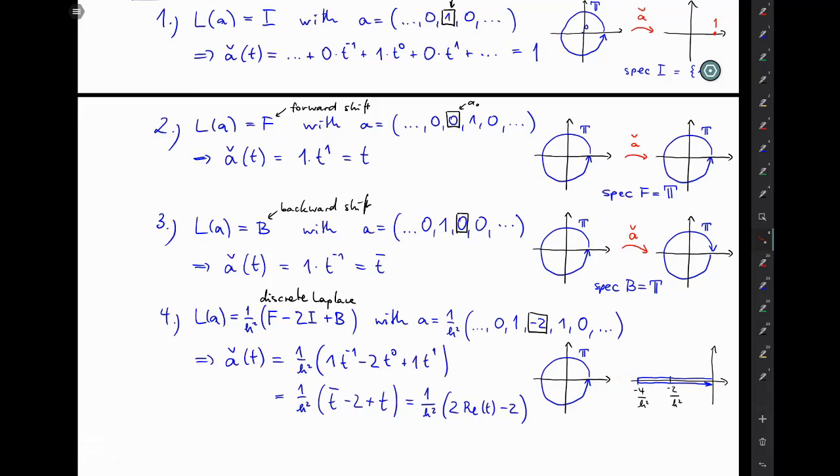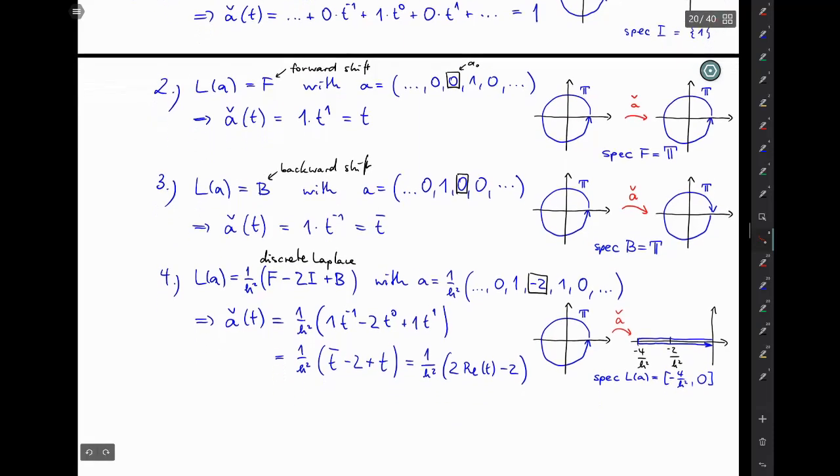And that's why you often see minus the Laplace operator being studied and not the Laplace, because then the spectrum flips to the other side and you get something that's positive definite or semi-definite. So let's not forget to write it down. The spectrum of our discrete Laplace operator in 1D is the closed interval from minus 4 over h squared to 0.